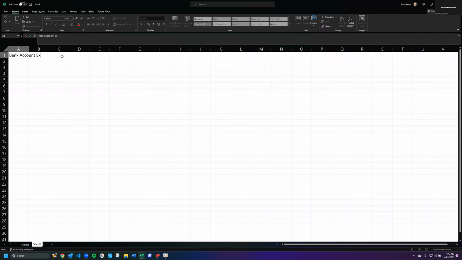I'm going to show you a couple of transactions on how they're typically recorded in a ledger, if you will, and then how they show up on a T account. Usually a transaction has a date, an account associated with it, and a debit and a credit associated with it.